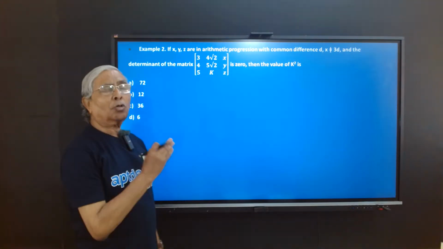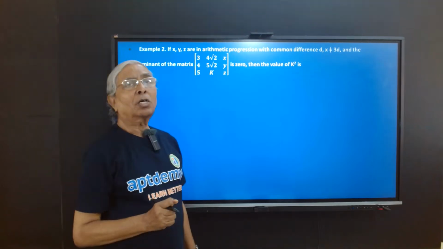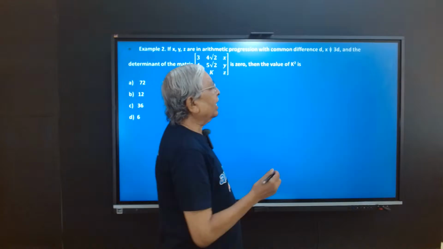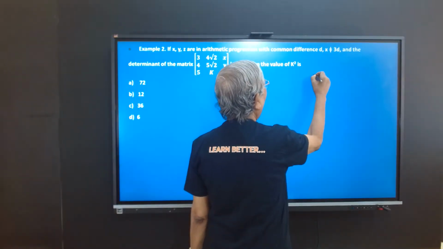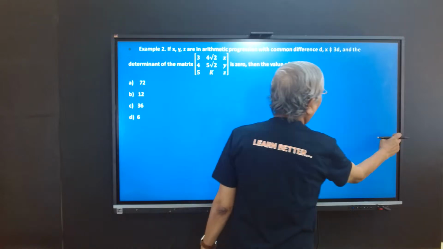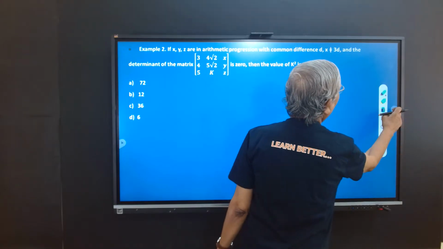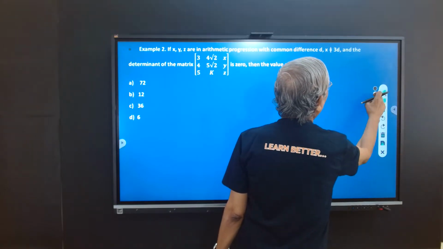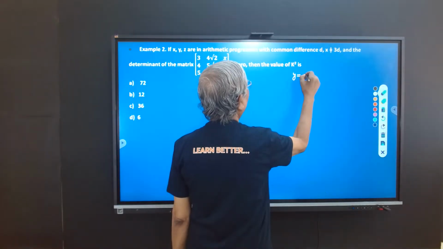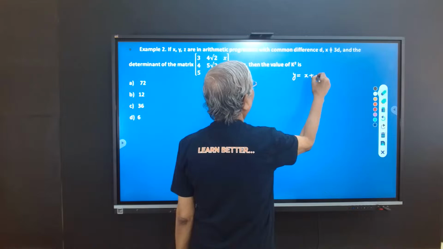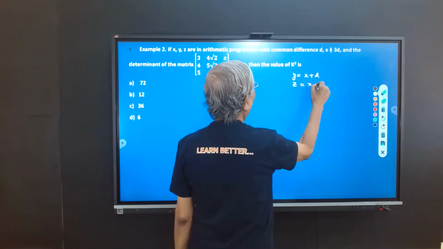So first, note that x, y, z are in AP with common difference d. That means, as the common difference is d, you can write y is equal to x plus d, z equal to x plus 2d.